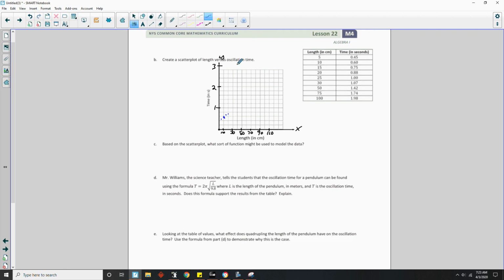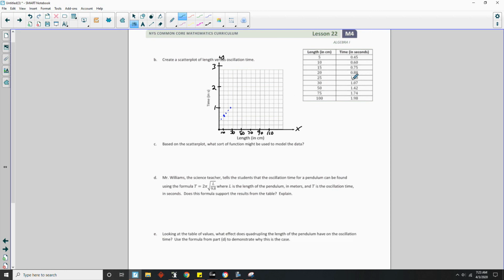Small graph. All right, so 25 was 1. So 10, 20, 25 is here, and that was right here. And I'm thinking 0.88 should be up a little bit, like right here. Again, this is very difficult to graph. All right, it's kind of looking linear so far. They're so close together.